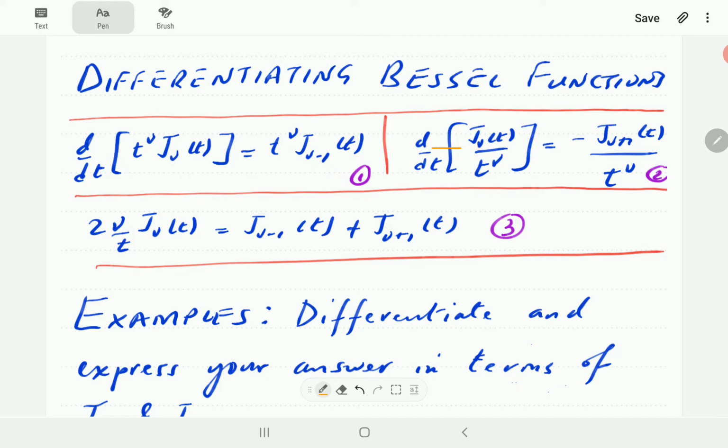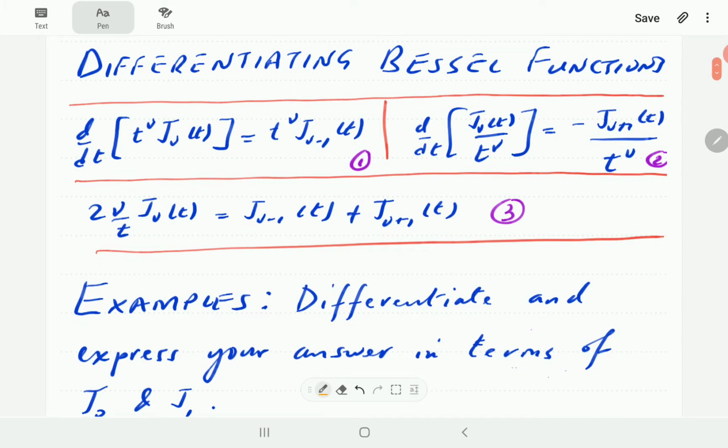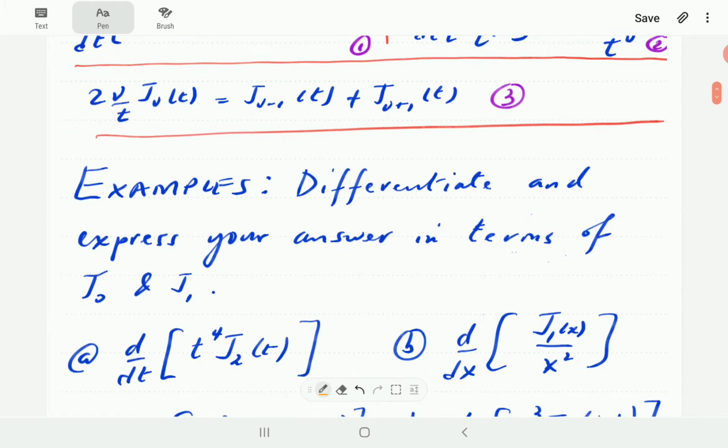The second one, the derivative of J_ν over t to the ν, is negative J_(ν+1) over t to the ν. And then the third one we will use is this recurrence relation, which relates J_(ν+1) with J_(ν-1) and J_ν. These have all been derived in previous videos, which you might want to check.